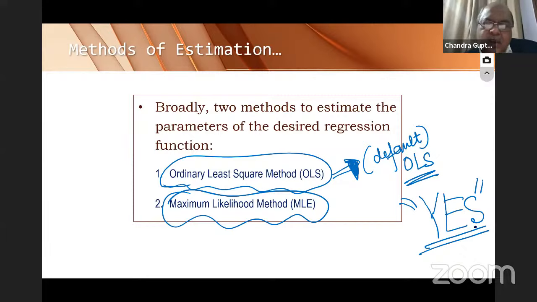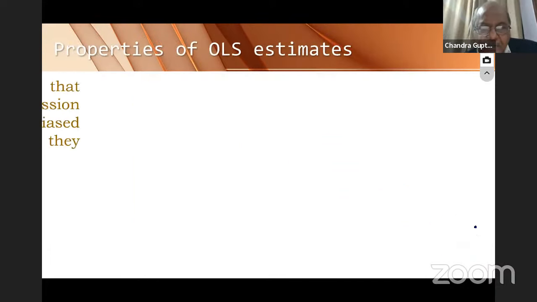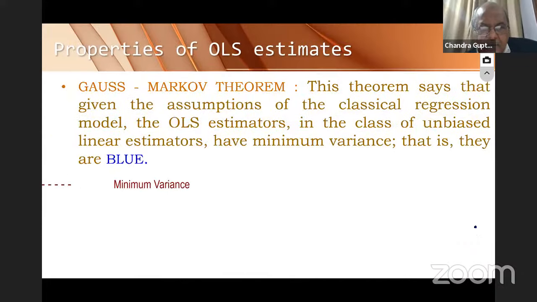If your assumptions are not true, the model will not work properly, and there will be a question mark on the results which you have obtained. So testing of assumptions is very, very important. I do not know whether we will be able to get the time to test the assumptions.